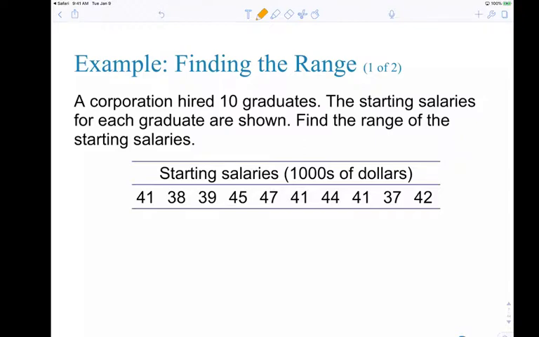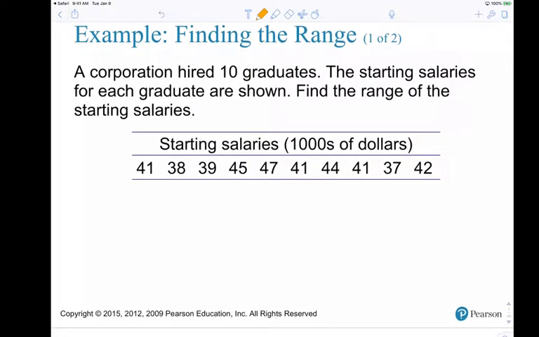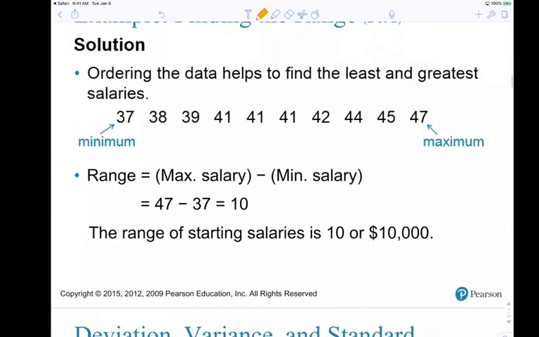So what's the range? 47 minus 37. What's that range? 10 what? 1,000, right? It says thousands of dollars. So 10 in this context means $10,000.